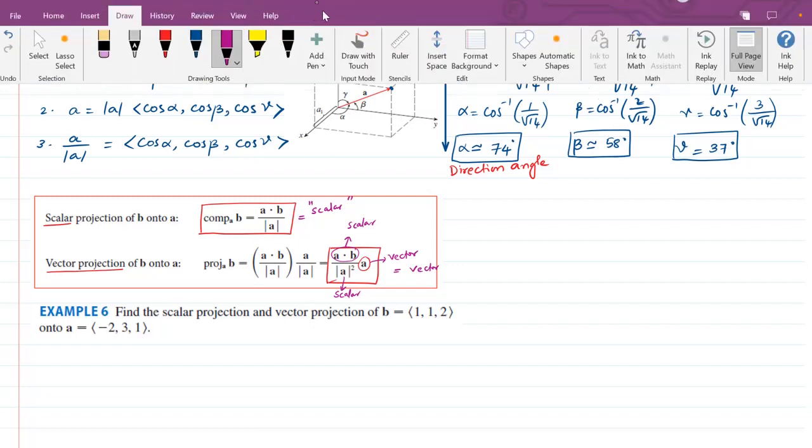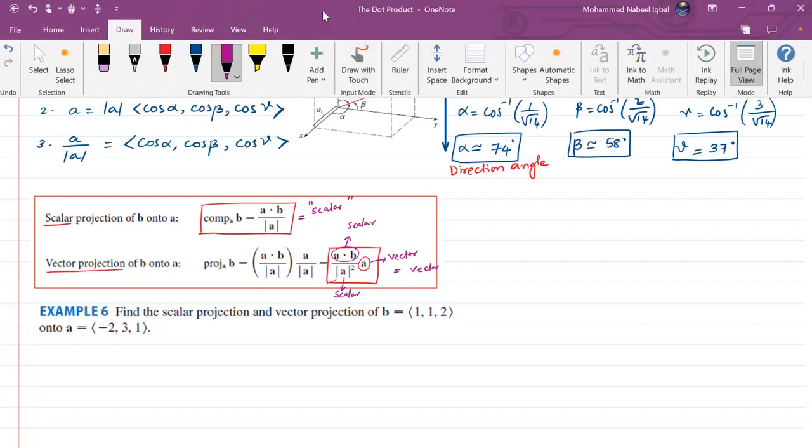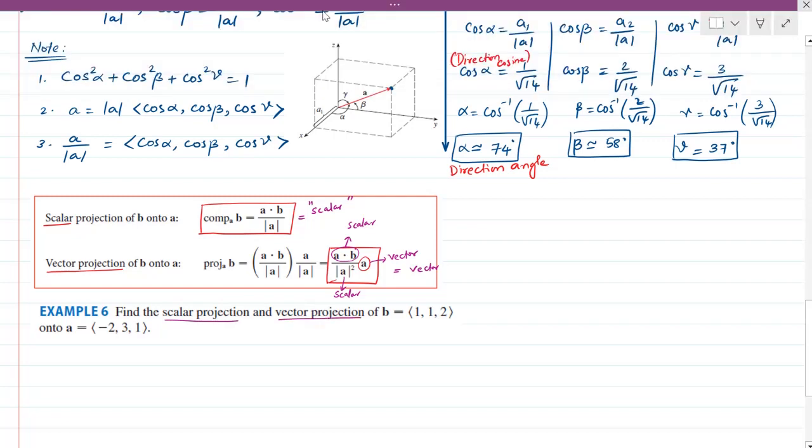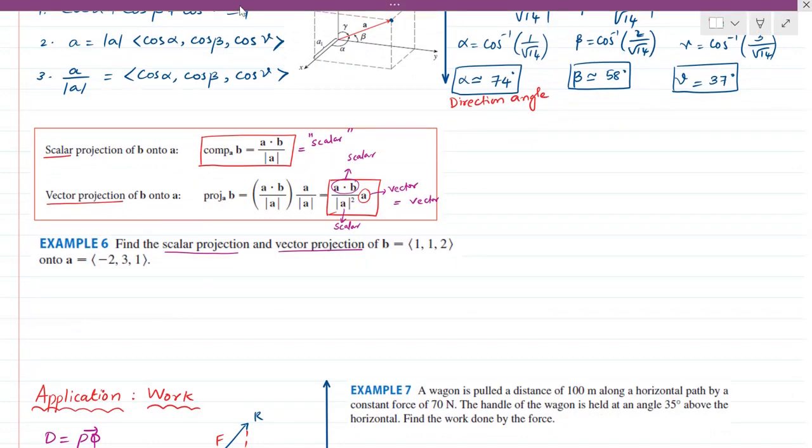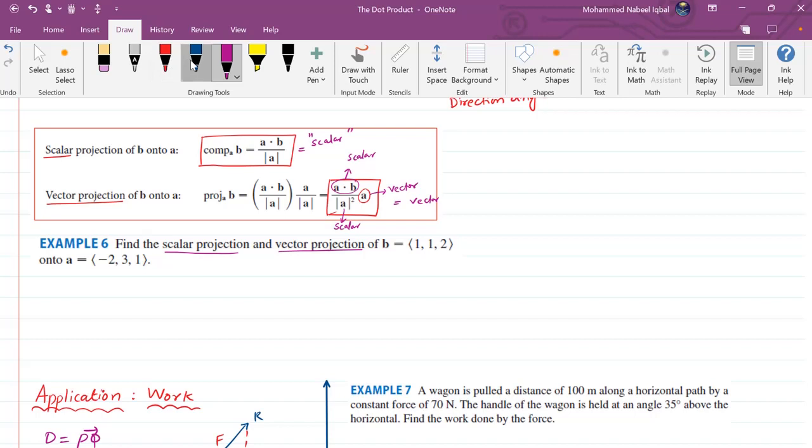Now let us start with this one. I want to calculate the scalar projection as well as the vector projection of B onto A. First of all, I have to calculate the dot product. One by one we will calculate here.